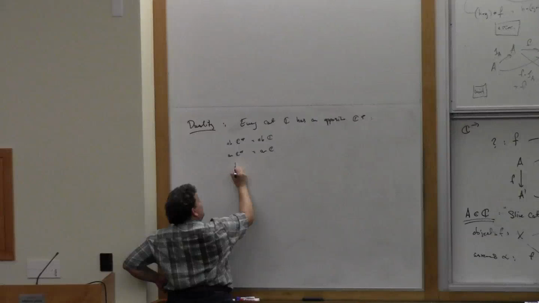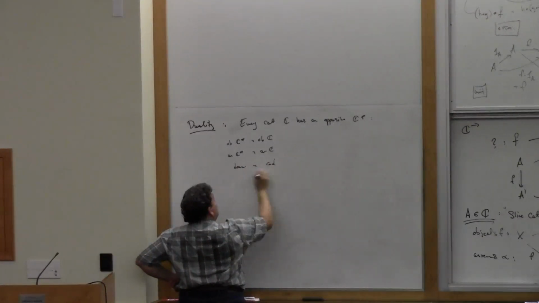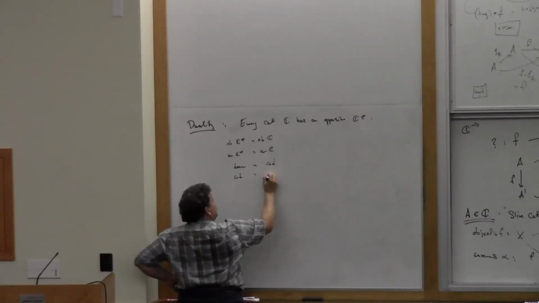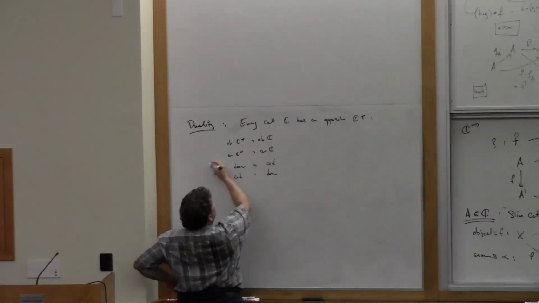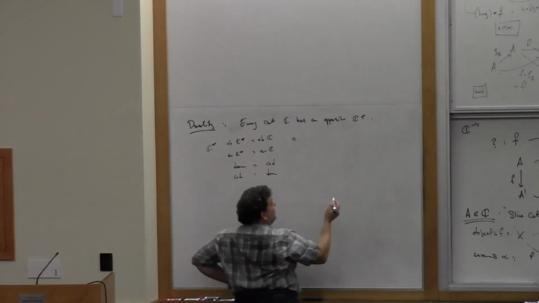But you swap the domain and the codomain. The domain is the codomain, and the codomain is the domain. This is kind of weird here, isn't it? So this is in C^op, and this is in C. So the idea formally is this.